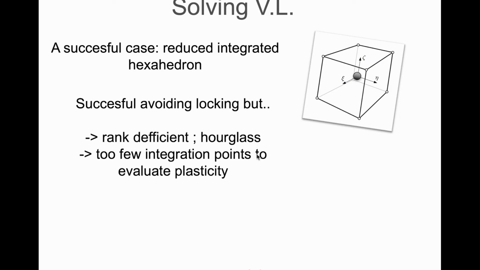We are going to check how well this element performs under incompressibility. We are also going to discuss the problems that under-integrating the element may raise. One of these problems is the hourglass: the stiffness is under-evaluated and the element becomes too flexible. But let's see why it's successful in solving volumetric locking.